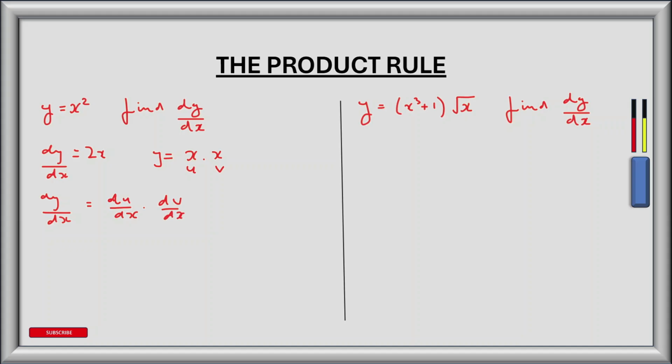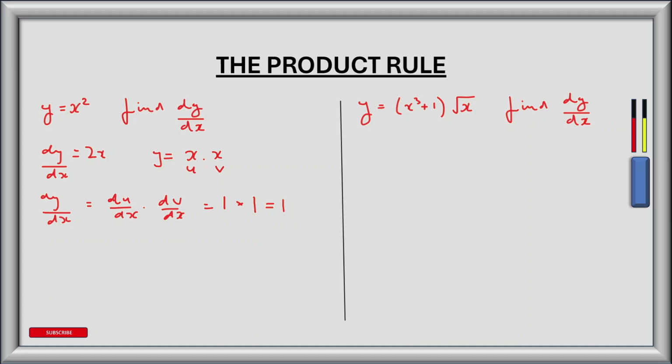Now u in this case is x, so the derivative of x would be 1, multiplied by dv by dx. v is equal to x, so the derivative of that would also be equal to 1. So 1 times 1 would equal 1, which is, as we know, incorrect because dy by dx is 2x.